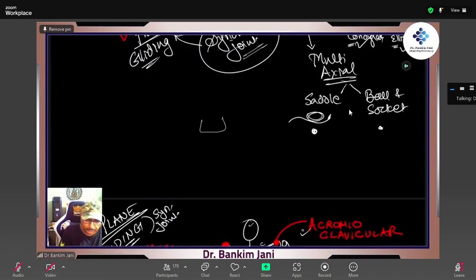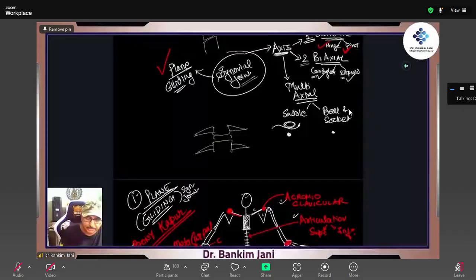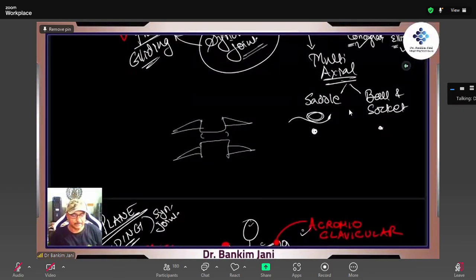Here is one vertebra, here is another vertebra. Transverse processes. And in between, there are intervertebral discs, correct?